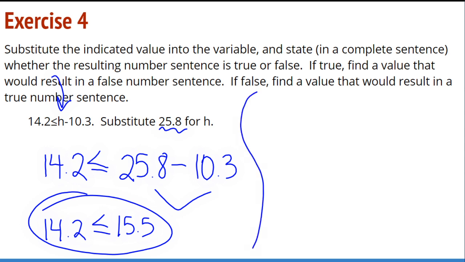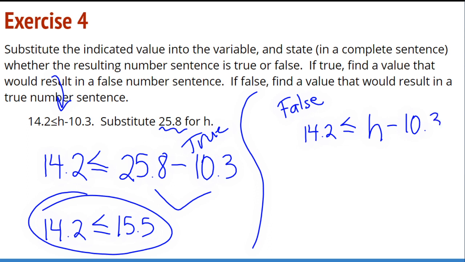Now I need to do something to make it false. So this side was true, this side is false. So I need to have a situation where I've got 14 and 2/10 is less than or equal to a value of h subtract 10 and 3/10. So I need to subtract something that's going to leave me something greater than this 14 and 2/10.